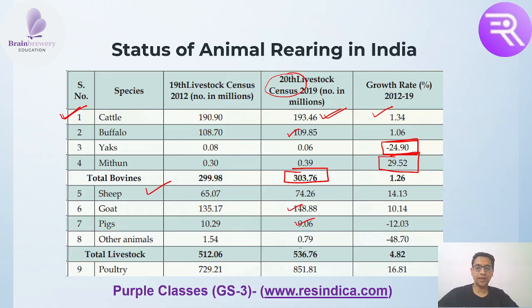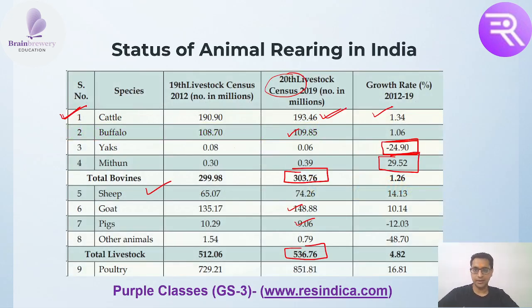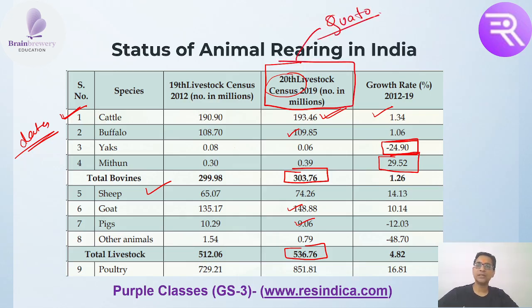So total livestock is 536.76 million. After that, we have poultry, 851.81 million. So this is exactly the total data of the 20th livestock census. You can quote this data anywhere.